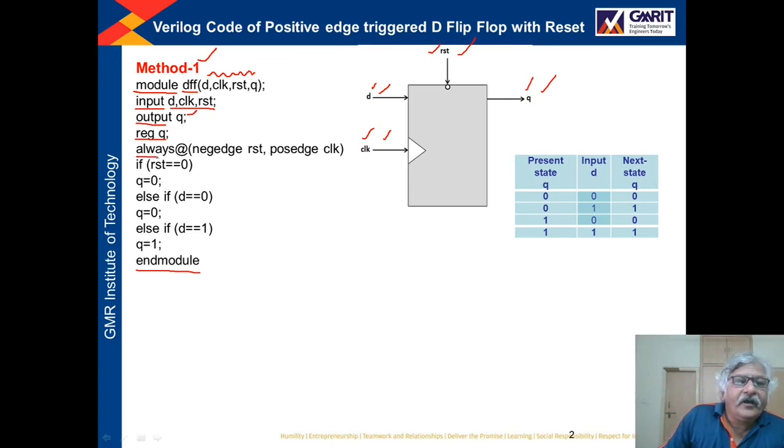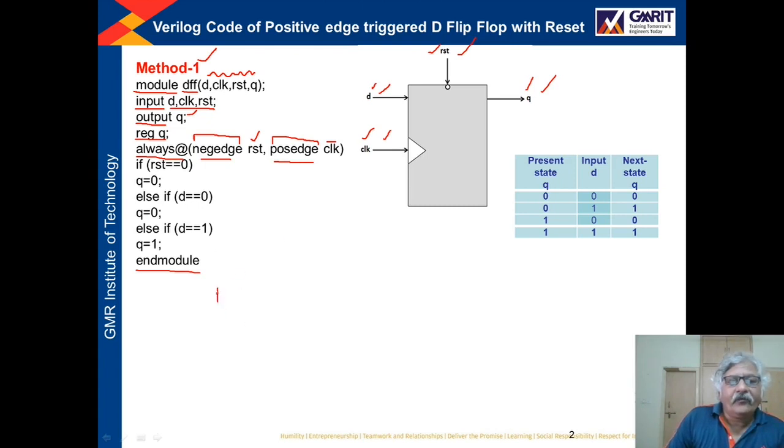Now here, always at the rate. Now in the sensitivity list, what I have done, I have used a keyword negedge and then RST. Then I have used the keyword posedge, posedge means positive edge, and then clock. What is the meaning of these keywords, negedge and posedge, right?